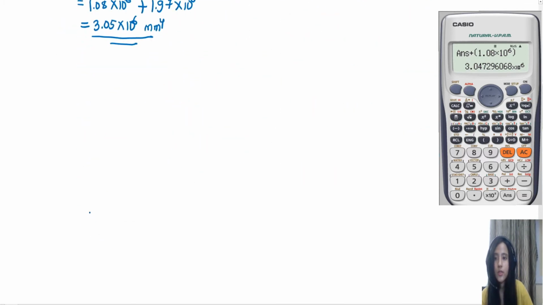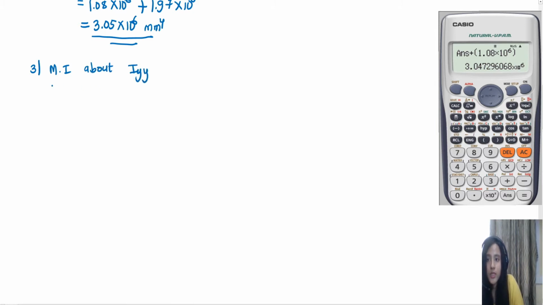Now the third one, let us find. Third one, moment of inertia about Iyy. Okay, so about Iyy, again I have to use parallel axis theorem here also. Iyy1 plus Iyy2.